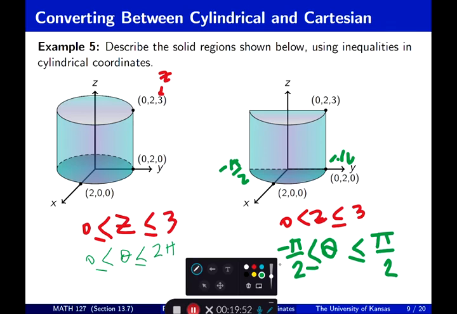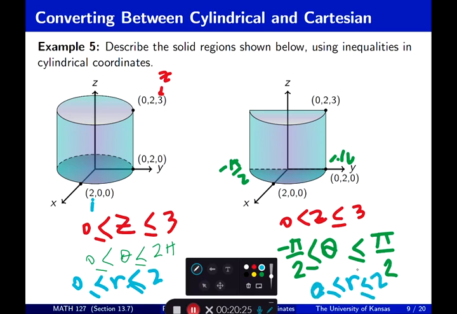For this one, r is, so in here when you're inside the cylinder, r is less than 2, but when you're on the boundary of the cylinder, r is equal to 2. So r is between 0 and 2. And here also 0 and 2.